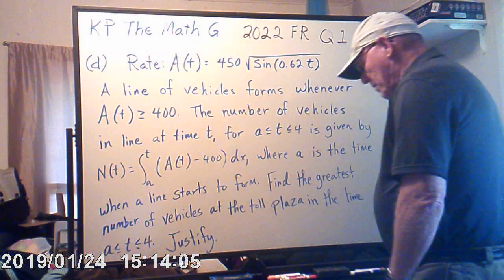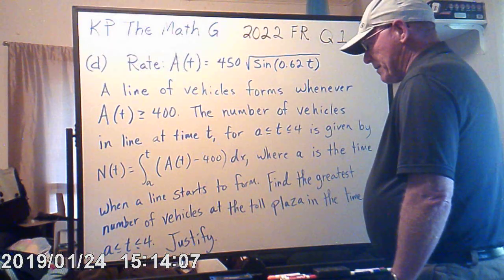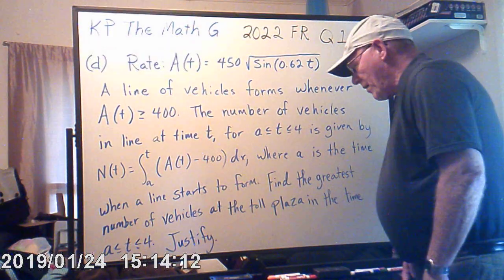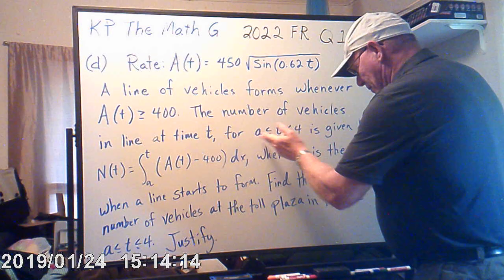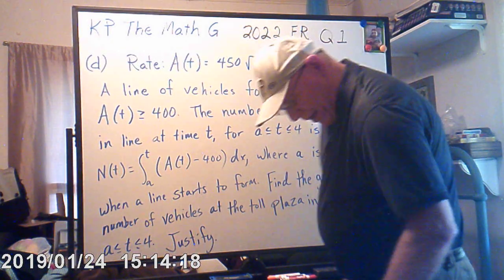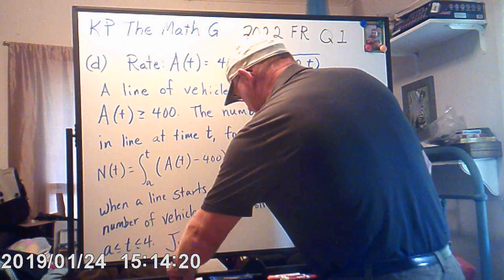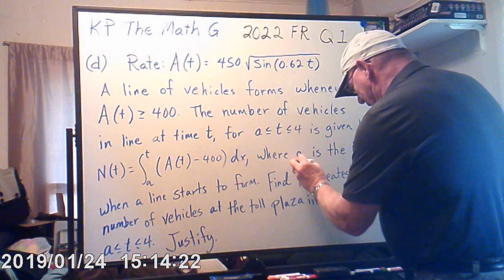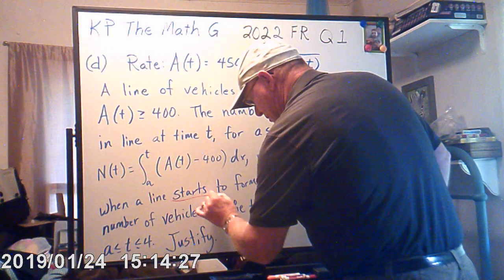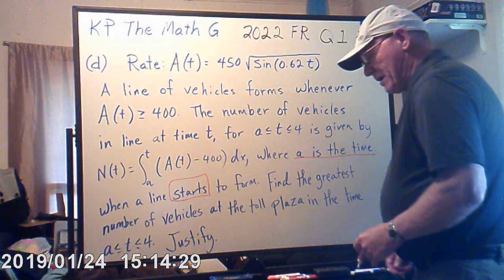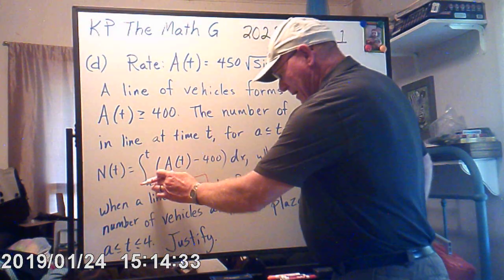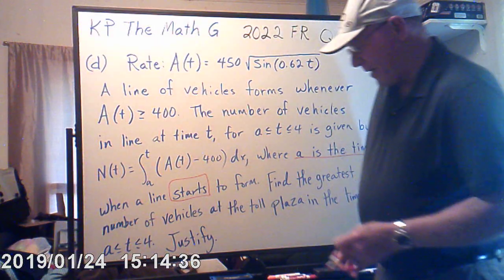But first of all, we need to look at what a is. a is the time when a line starts to form. So I want us to look at that. You're going to start at a, whatever we find for a.